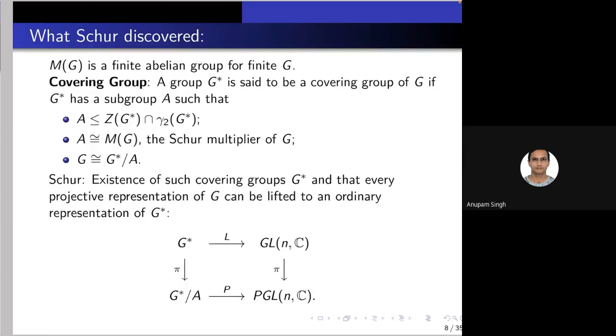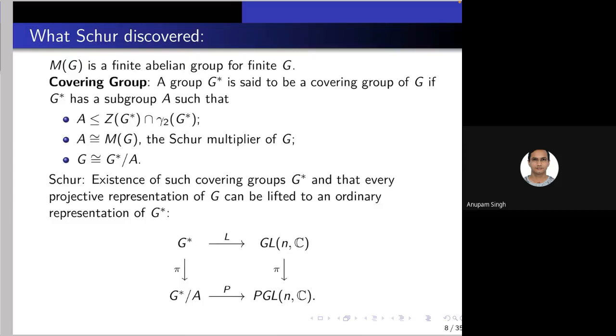Suppose a projective representation of G is given, then it can be lifted to an ordinary representation of G star in this sense: there exists an ordinary representation of G star such that this diagram commutes, right? So this pi is just the natural quotient map, on both sides. So in this sense, it's good enough to study the ordinary representations of the covering group.